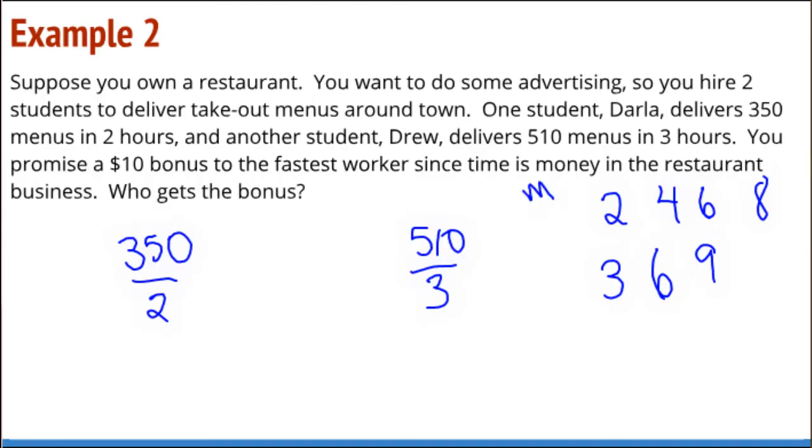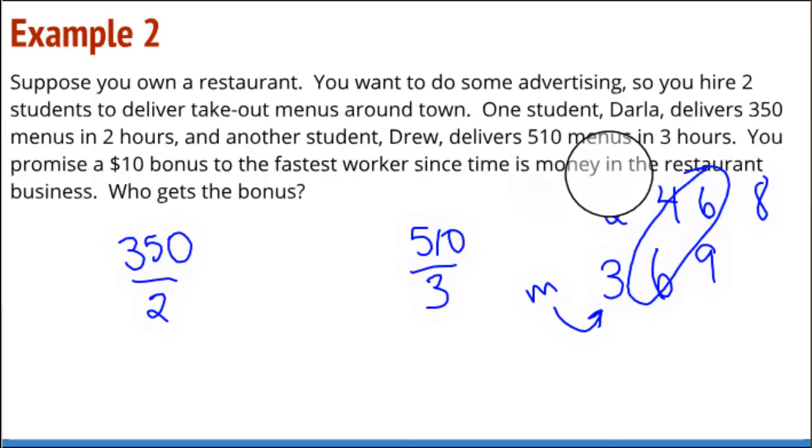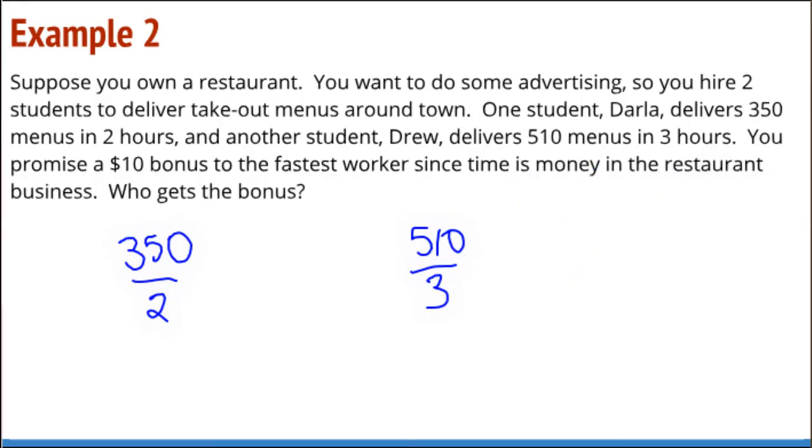So multiples of 2, multiples of 3. What is the lowest number that's on both of them? That's 6. So I could scale so that they are both at 6, multiplying by 3 and multiplying by 2.